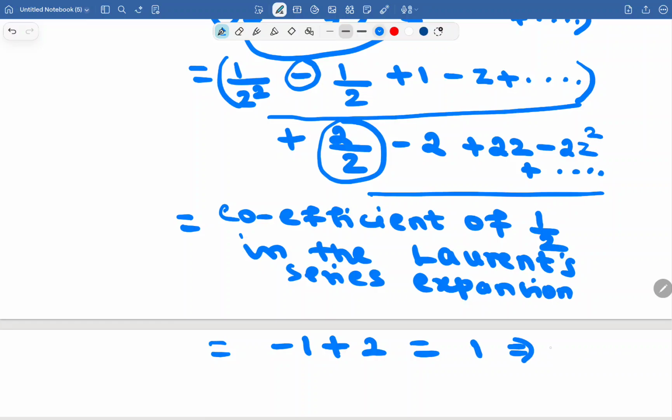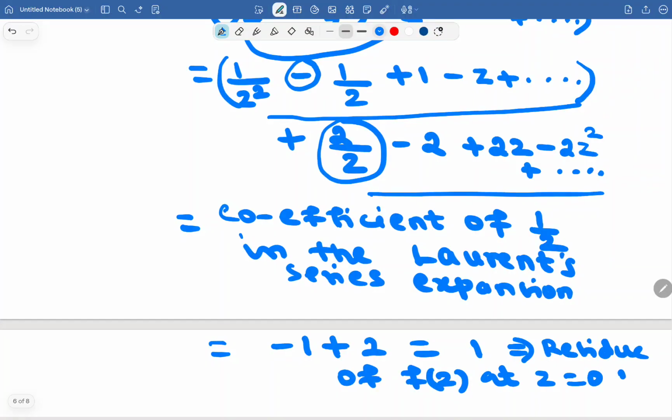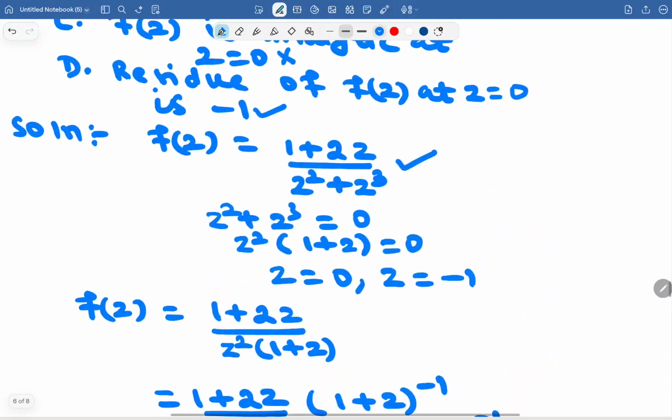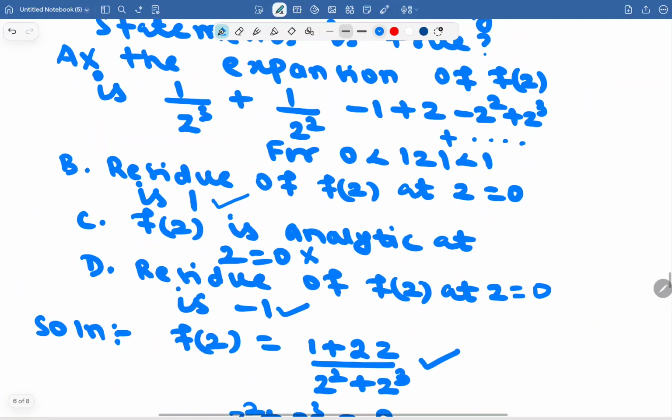Therefore, residue of f of z at z equal to 0 is 1. For this problem, option B is the correct one.